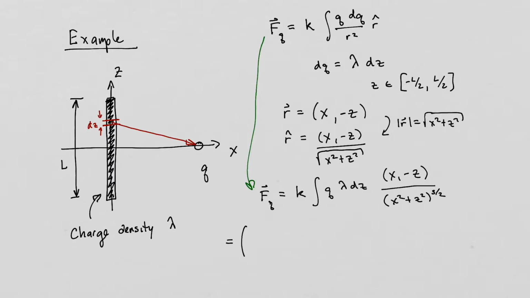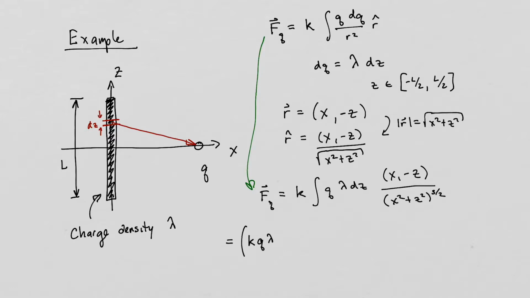And this might be our first time seeing something like this. But everything that I have outside of my vector, we can use the distributive property, right? And move all of the integrals and all of the algebra inside the vector so that I can really talk about the x component of this vector and the y component of this vector. So the x component is really k, and I'm going to pull out the q just because it's a constant in this integral, and the lambda is as well.